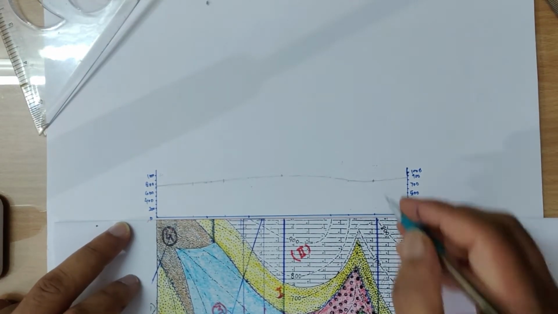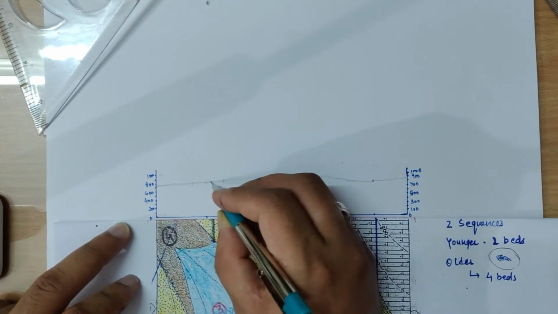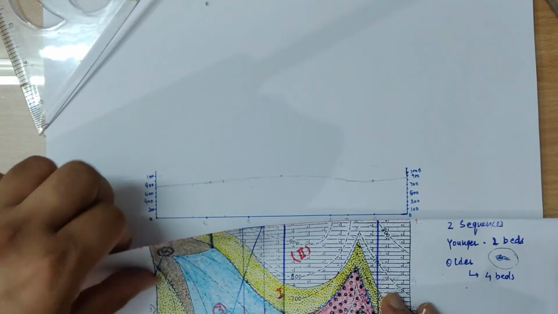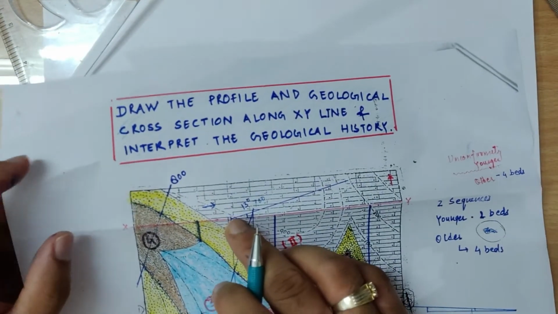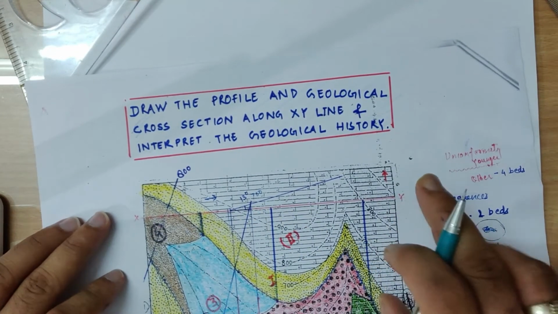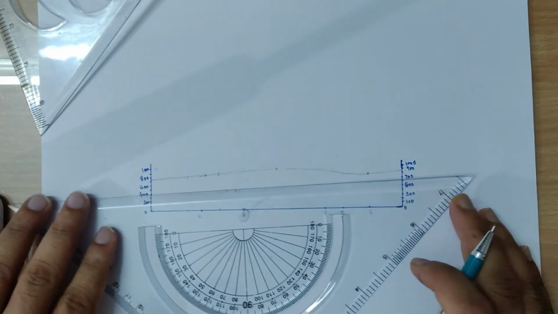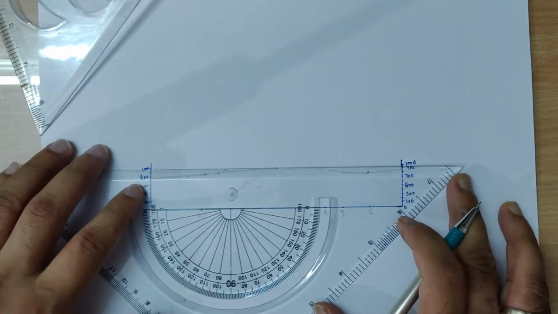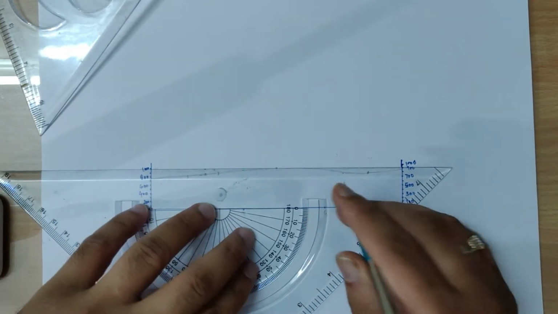So first what we do, we draw the surface of unconformity, and after drawing the surface of unconformity, we can see that the dip of the unconformable surface is from x to y with an amount of 4 degrees. So in order to draw it, we need to draw a guiding angle of 4 degrees onto our baseline. Just put a point and draw a 4 degree angle.